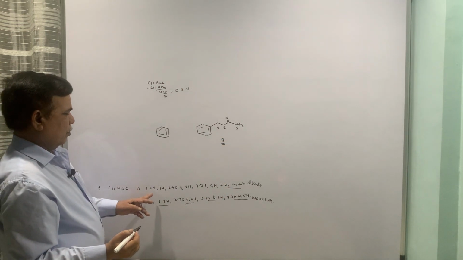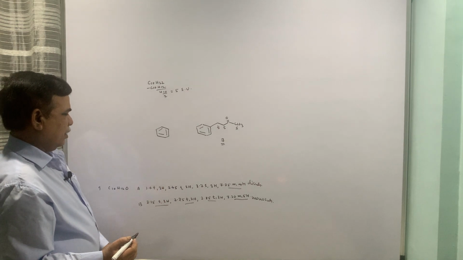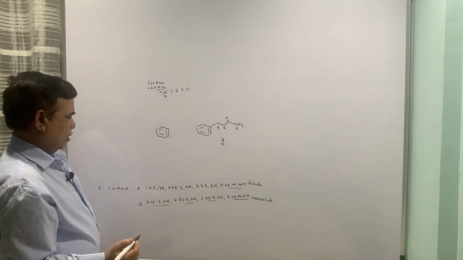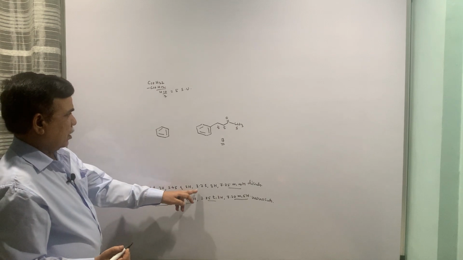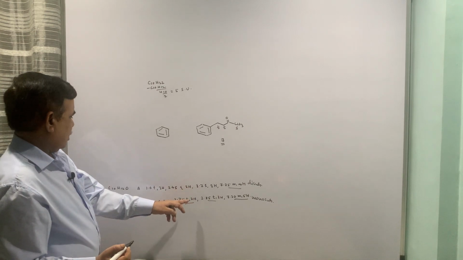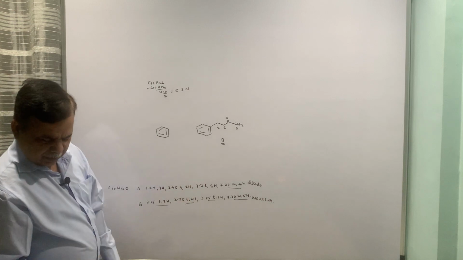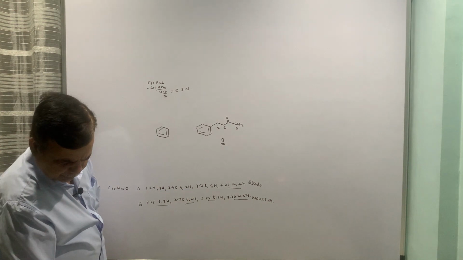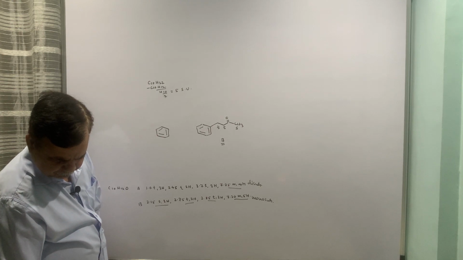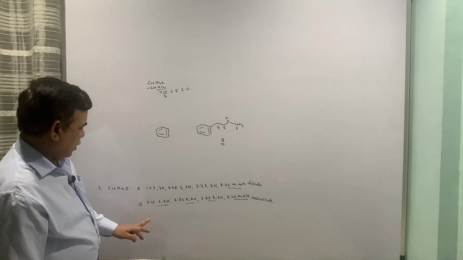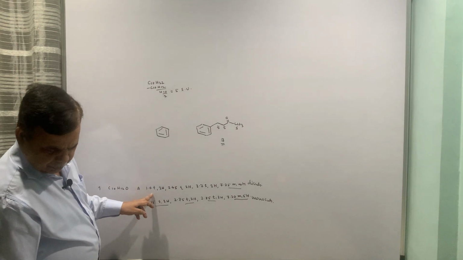Now moving on to the first one, disubstituted. So 3.7 singlet, 3 protons, that is 2.15. The first one, let us check.